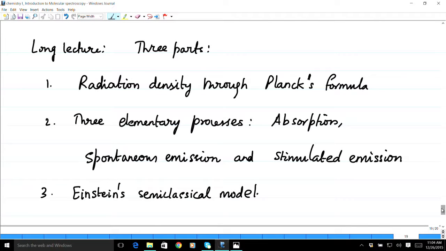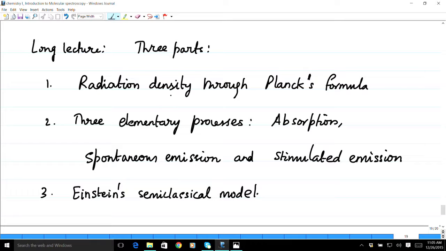Now, the lecture has about 3 parts. The first part will contain a little bit on the radiation density, and let me recall from your elementary atomic physics or chemistry Max Planck's formula, which revolutionized the whole of physics and led to the discovery of quantum mechanics later.